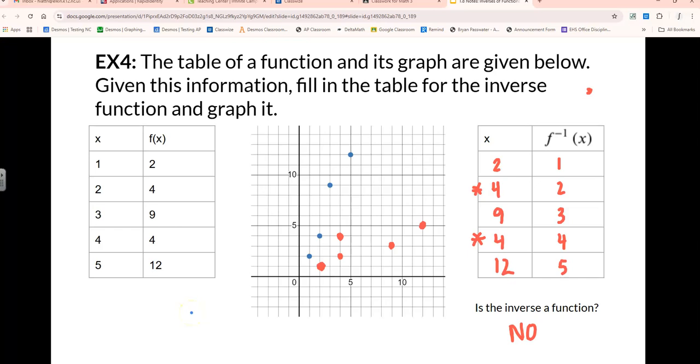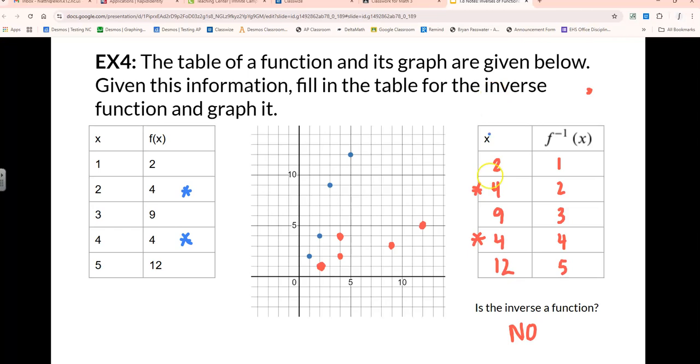I know when I do an inverse, x and y flip, right? So if I look at the original and I see the y's repeat, that tells me f can be a function, but the inverse is not going to be, because they're going to switch and those are going to become my x's. So you could even do it without having to actually switch the x's and the y's.